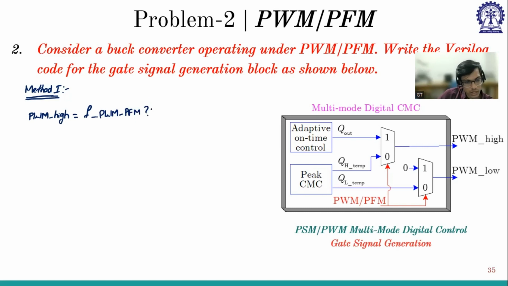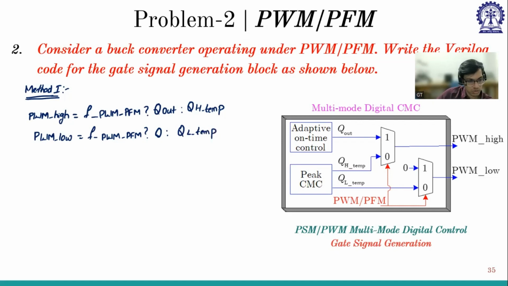If it is 1, it will be Q out, else it will be QH temp. Similarly, PWM low, which is F_PWM_PFM question mark, whether it is Q out. So for adaptive on time it is 0, and for the other one it is QL temp. So this is the way that we have discussed. Semicolon.